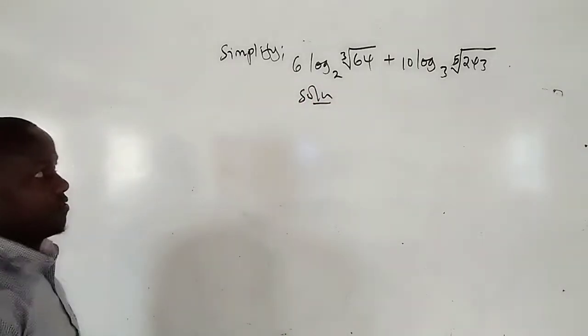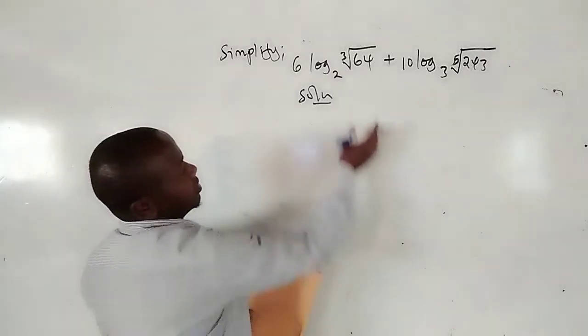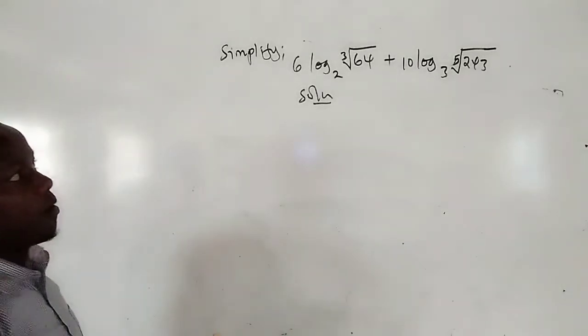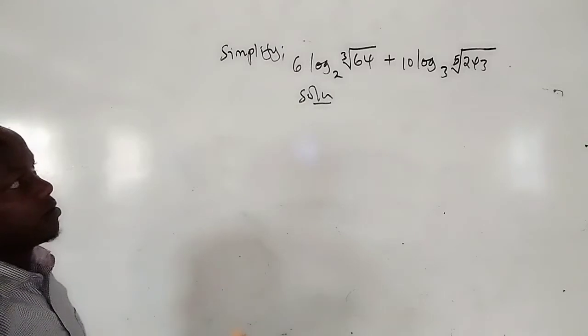So we know the laws of logarithms. We can first of all get the cube root of 64, and the cube root of 64 is 4.